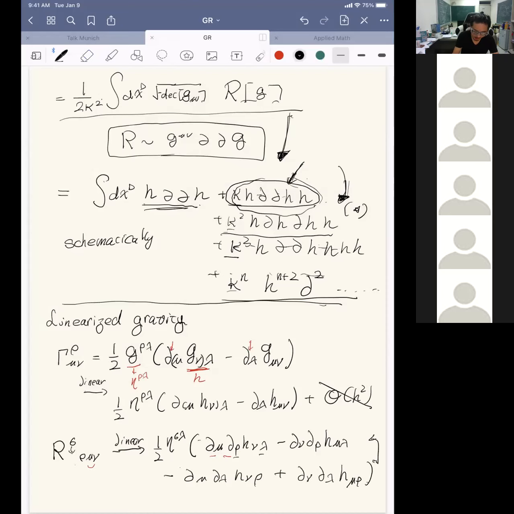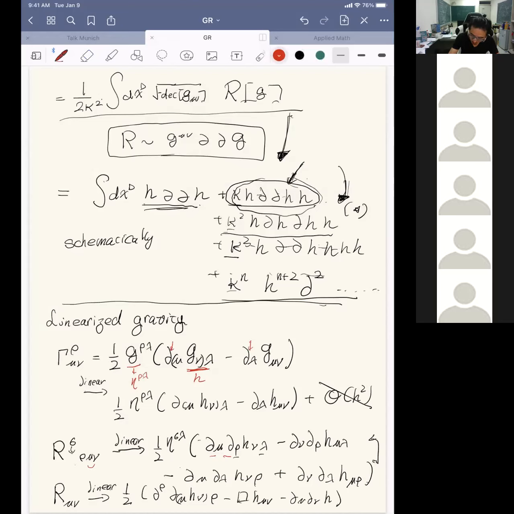You see that it's extremely simple. And similarly, your linearized Ricci tensor is also simple. It's just 1/2. Of course, you just contract this, and then you have partial ρ h_{νρ}, which is symmetrized, minus box h_{μν} minus partial μ partial ν h.